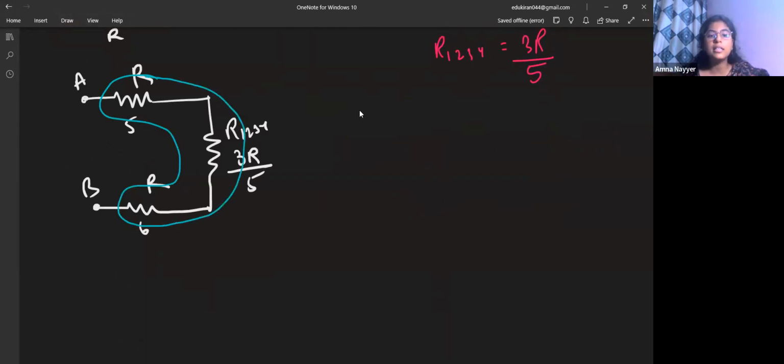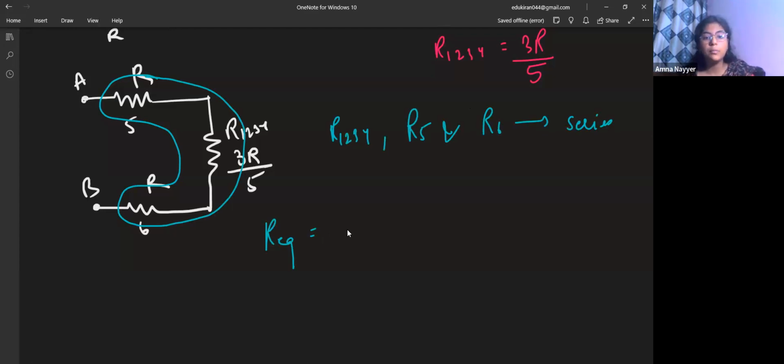So all these three, R1234, R5 and R6, all the three are connected in series. So your R equivalent, the final equivalent, will be the sum of all these. How do we add in series?